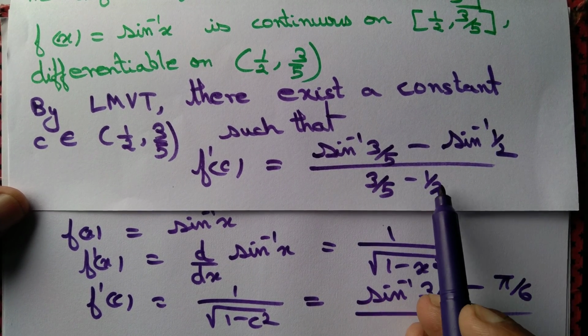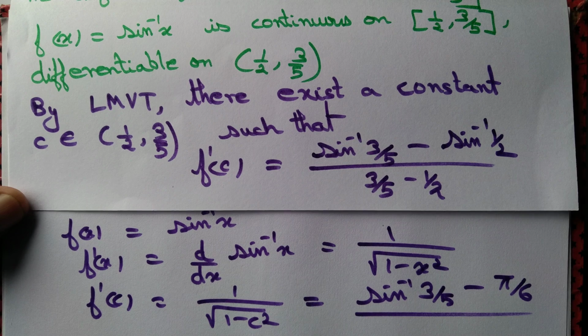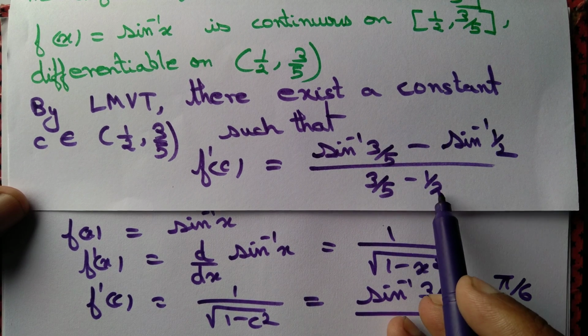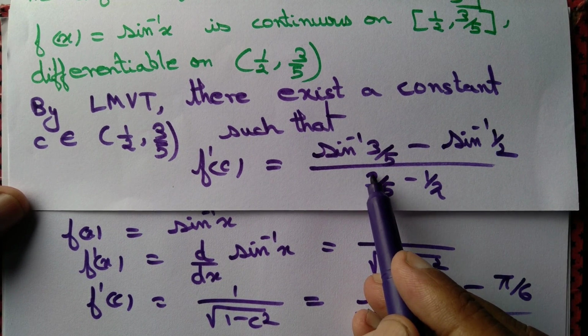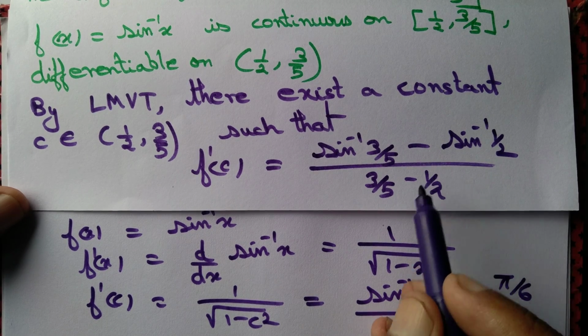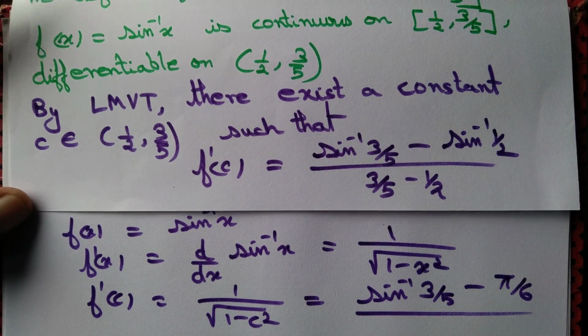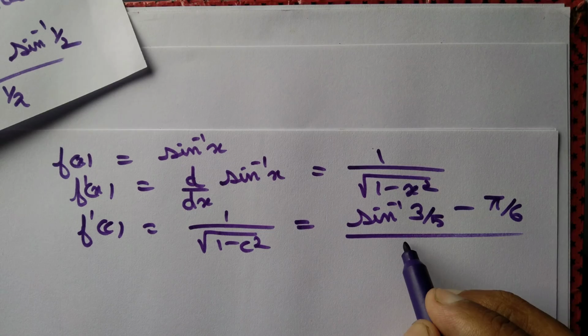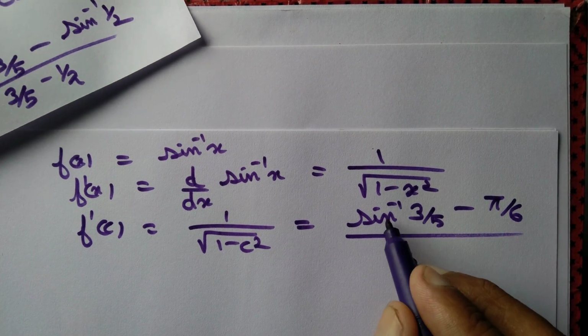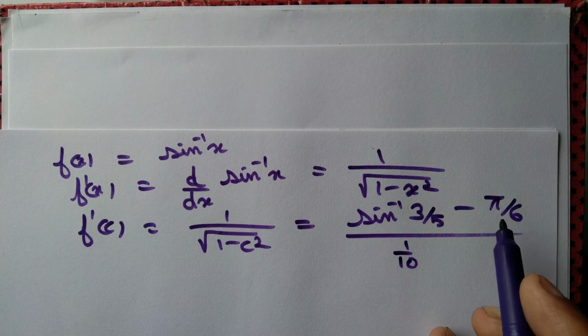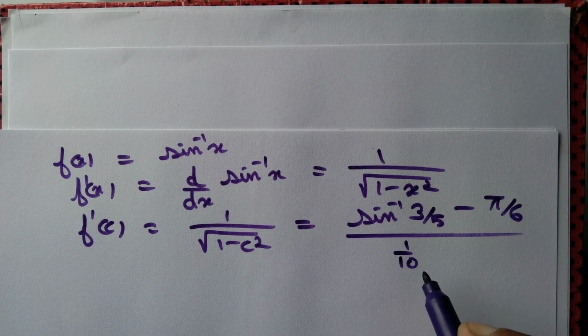That is 0.6 minus 0.5, that's 0.1, that is 1 by 10. If we take LCM, 3 times 2 is 6, 6 minus 5 is 1, so 1 by 10 anyway, equal to 3 sine inverse of 3 by 5 minus pi by 6 by 1 by 10.